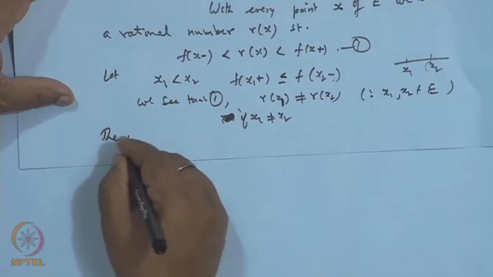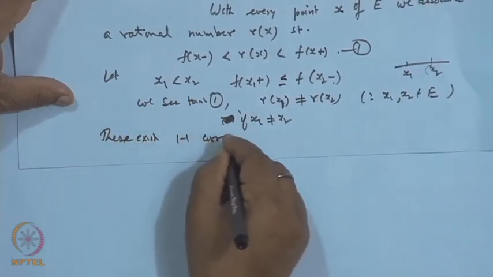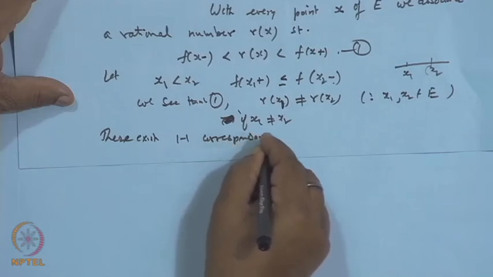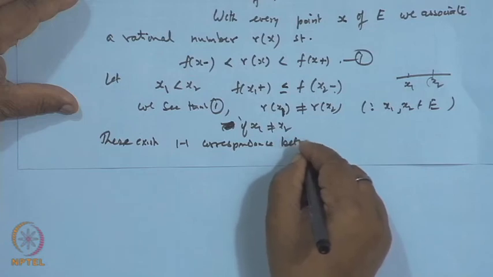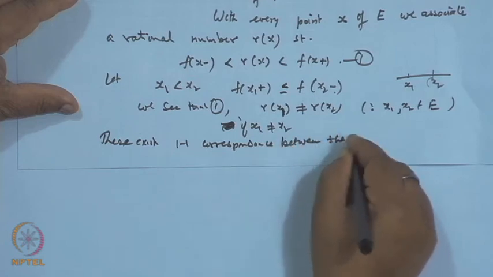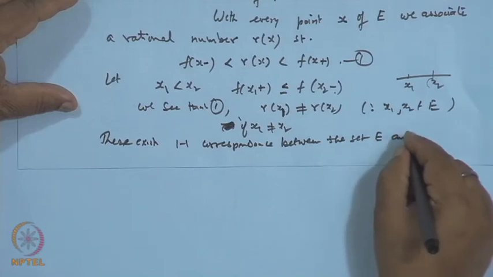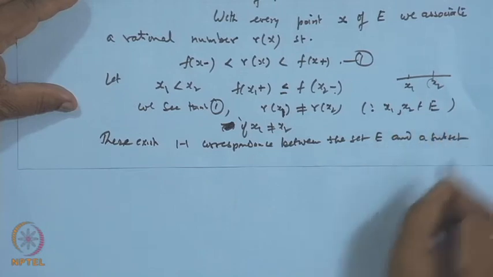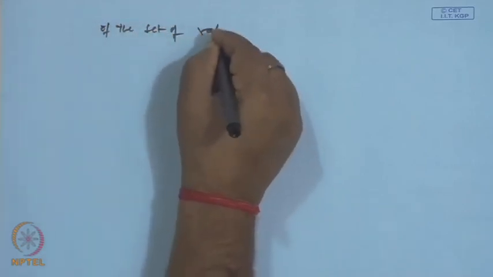So, there exists a 1-to-1 correspondence between the set E and a subset of the set of rational numbers.